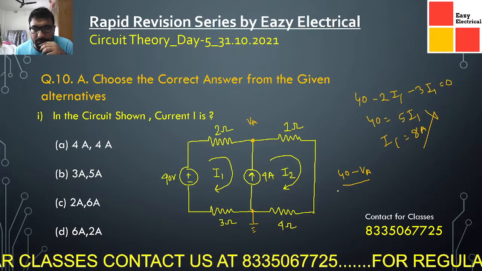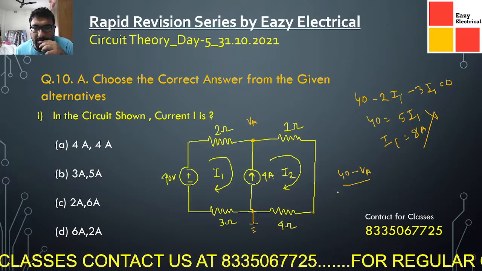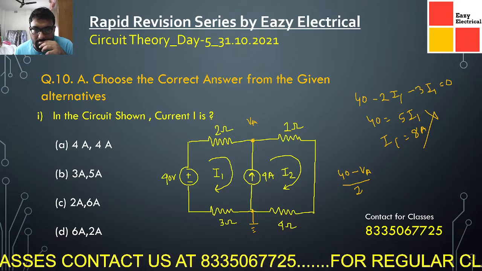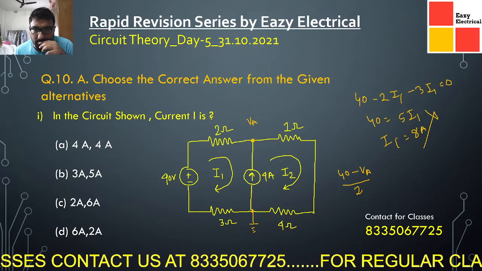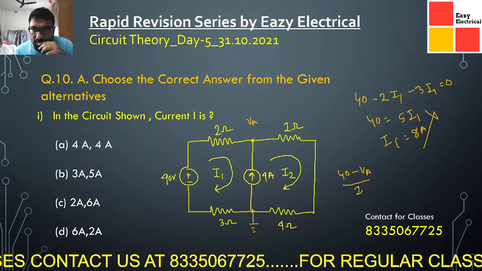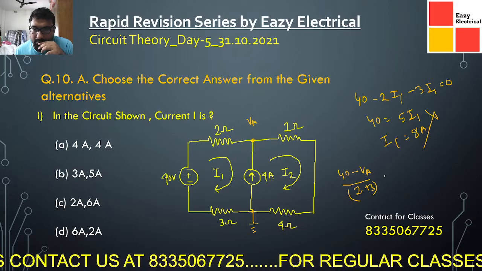So what can we do? That means 40 minus VA divided by 2 if I write, that will not be correct. That will be plus 3 if I do. In that case, the total current will be taken care of.